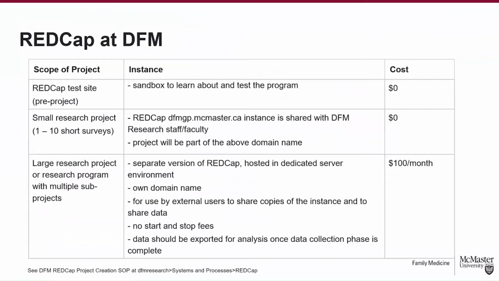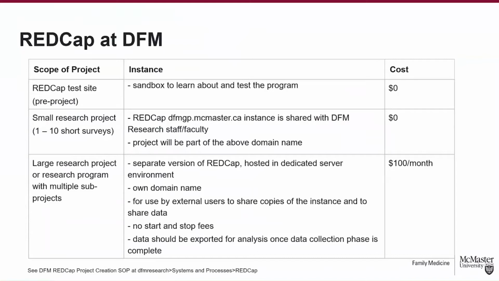So it's a specific domain name, a specific URL. It's really meant for smaller projects, if it's not a large project, you're just doing one short project. That's a good instance to do. There's no cost to that because it's already covered, I guess, under other costs. Chris would know more about that.